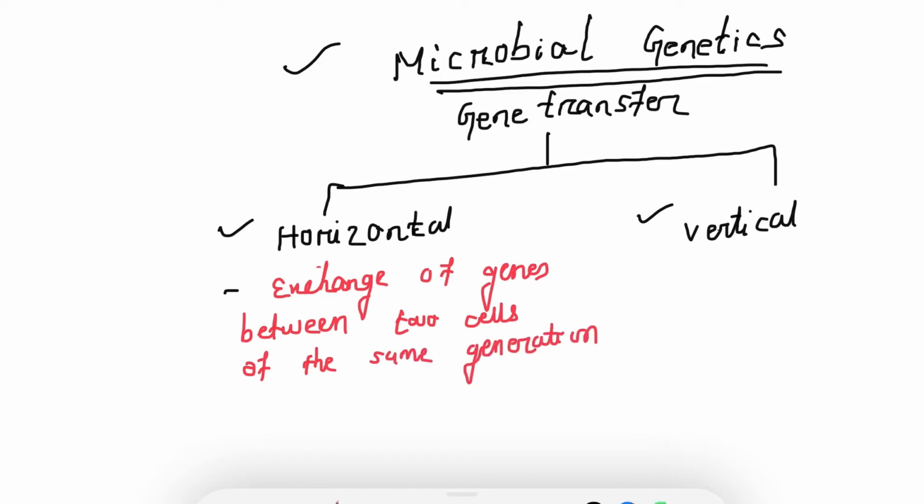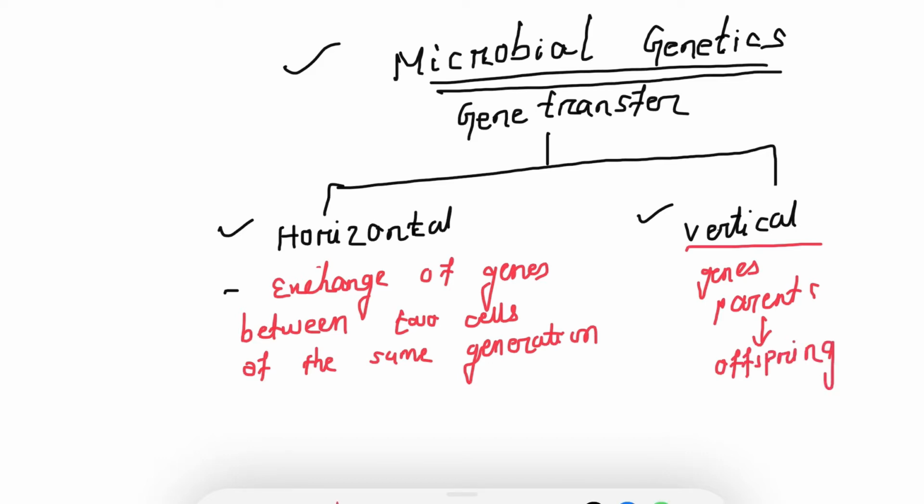But normally the genes and the characteristics that are transferred from parents to progeny, or parents to offspring, is known as vertical gene transfer, right? In vertical gene transfer, the genes are transferred from parents to offspring or progeny.